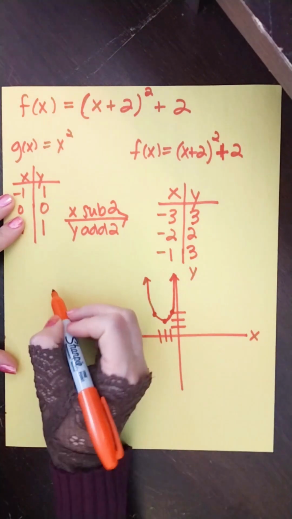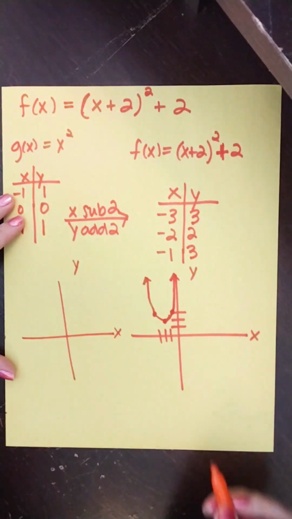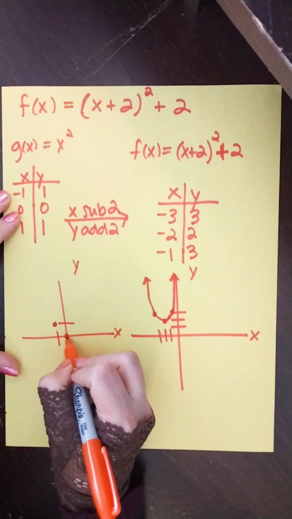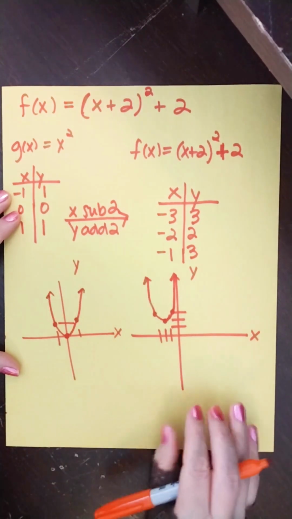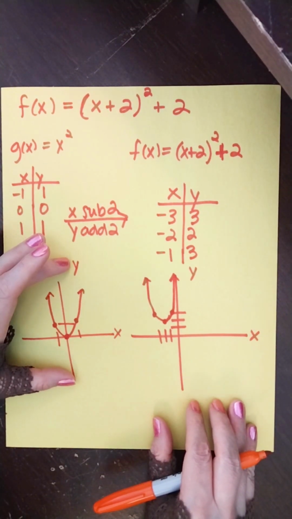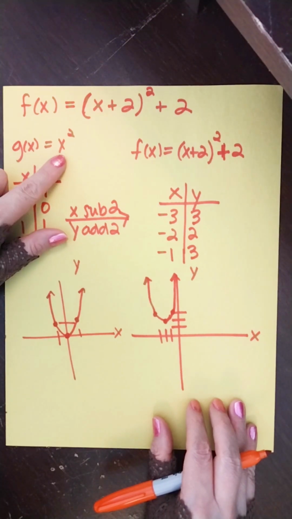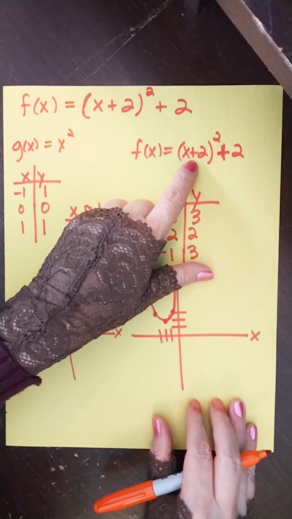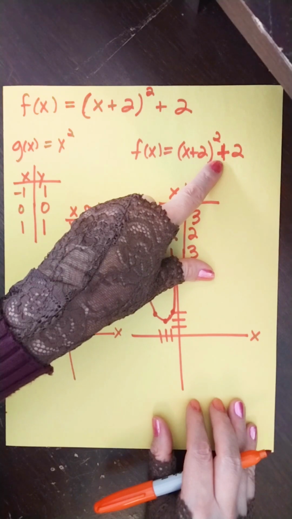So if we look at the original, oops, it's a little slanted. And I have -1, 1, 0, 0, 1, 1. So I see that I shifted it left 2 units and up 2. So from here to here, that is a horizontal shift left 2, and we do a vertical shift up 2.